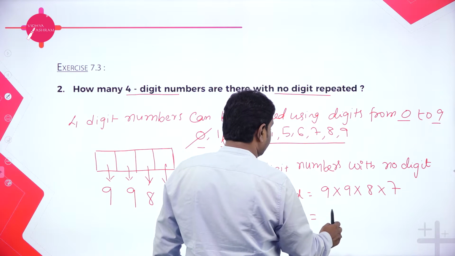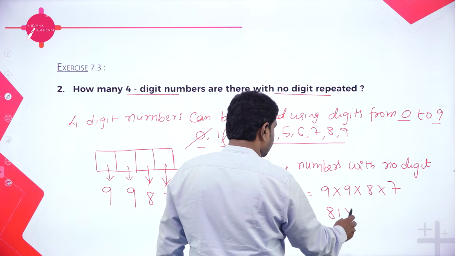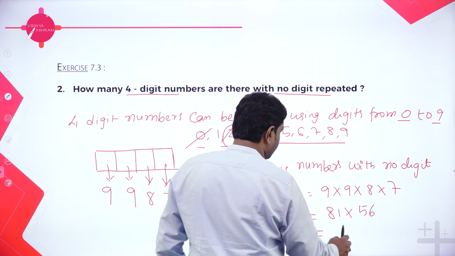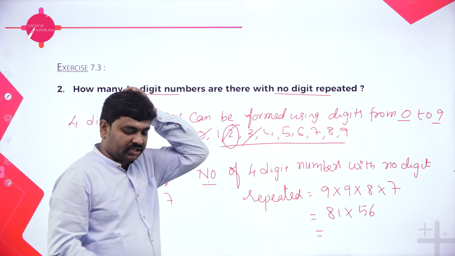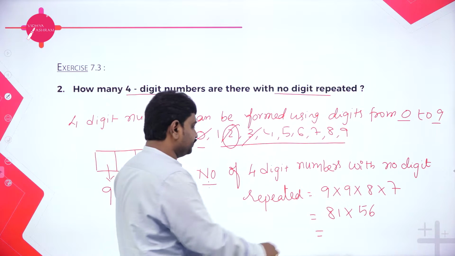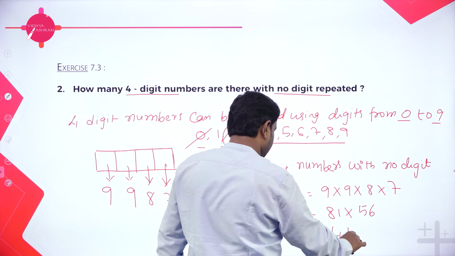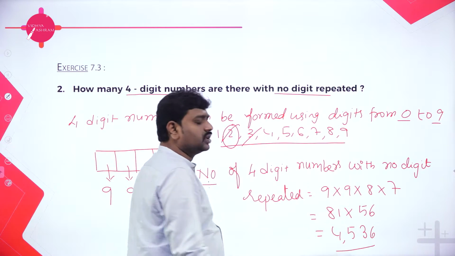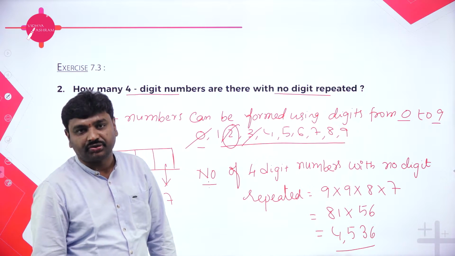So 9 9s are 81, into 8 into 7, 56. Now you multiply this, you will get a number, that is 4,536 different 4-digit numbers you can form.